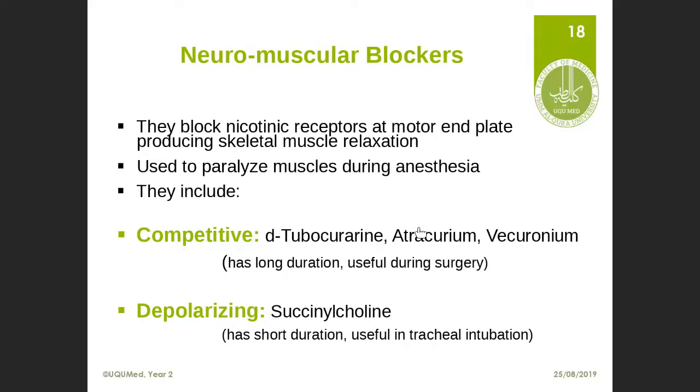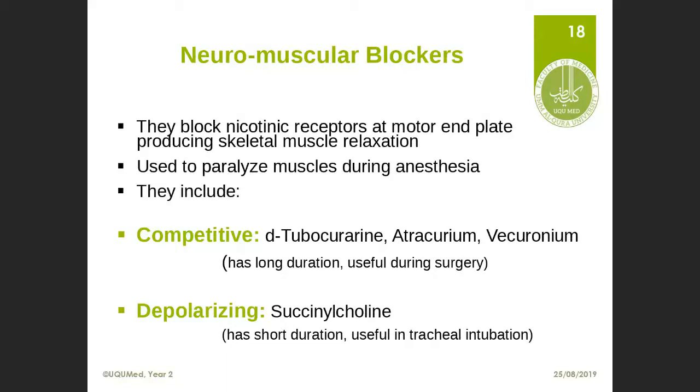Most of the nicotinic receptors are in the skeletal muscles. So when they are blocked, ultimately there is skeletal muscle relaxation, and this relaxation is produced during anesthesia, when we have to go for some type of pre or post operative surgery.